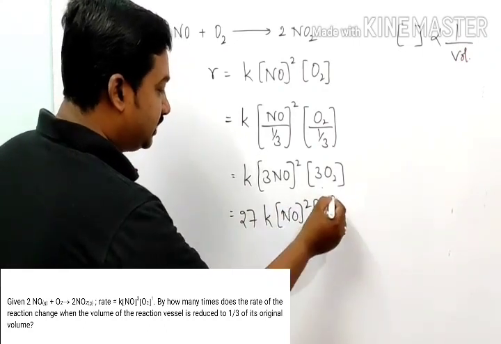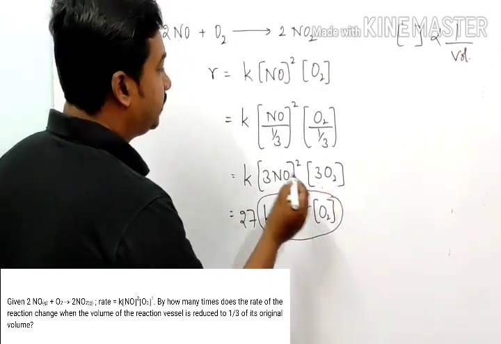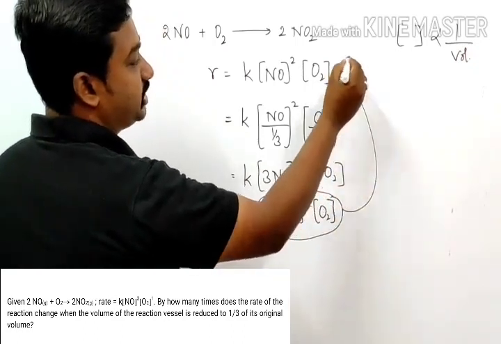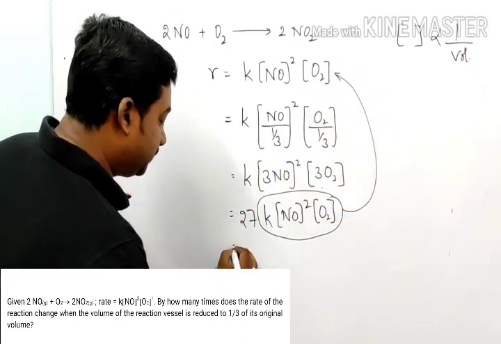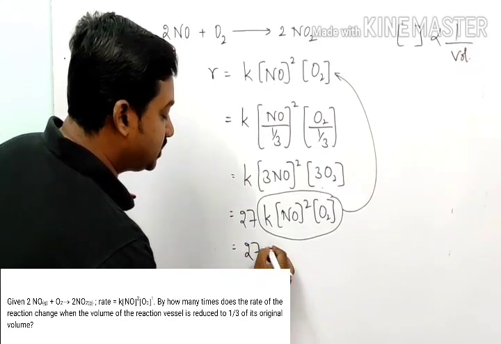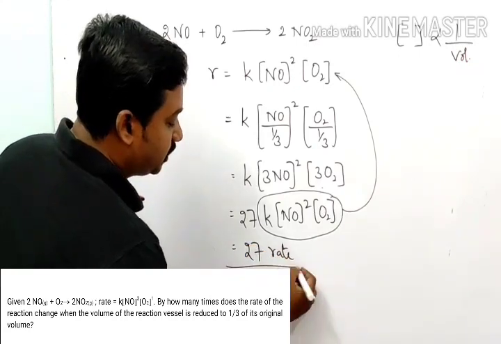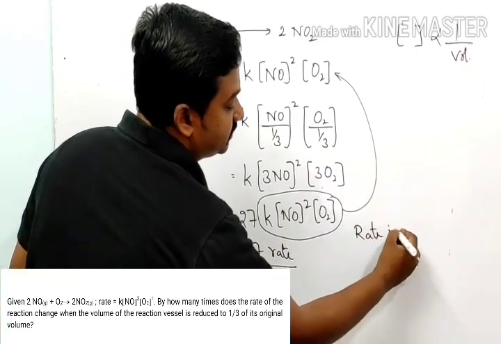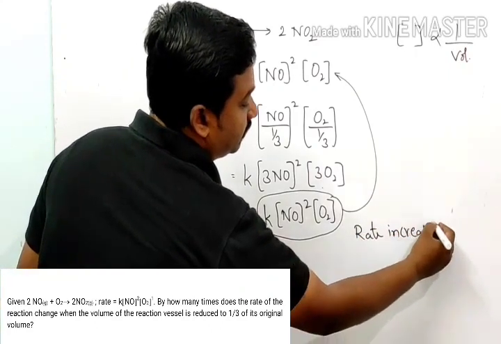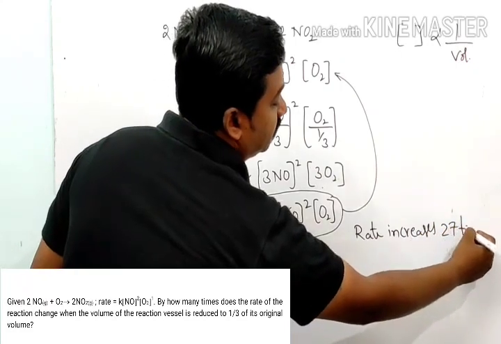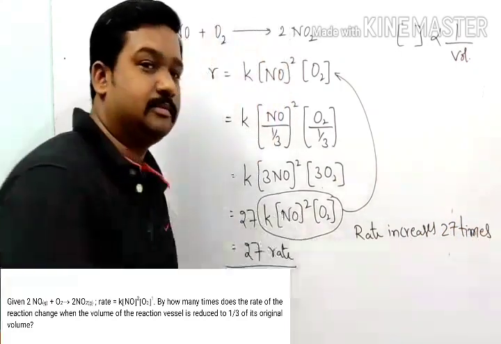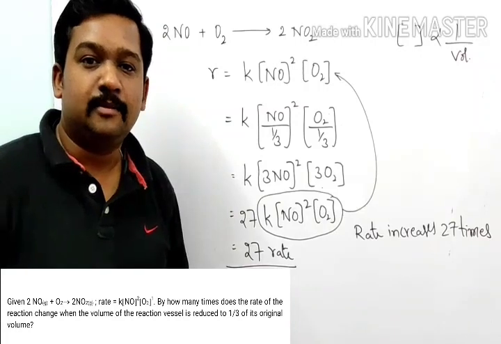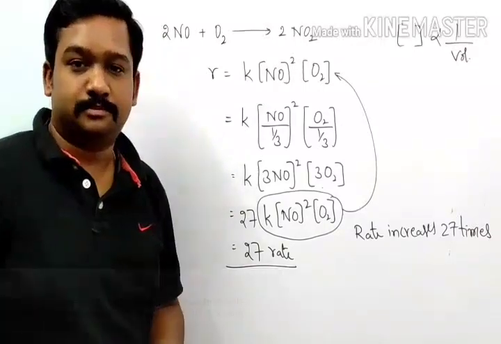And we can understand that this is the initial rate. So what do we get? 27 times the rate. So the answer is the rate increases 27 times. So have a look at it again. We will take the next problem.